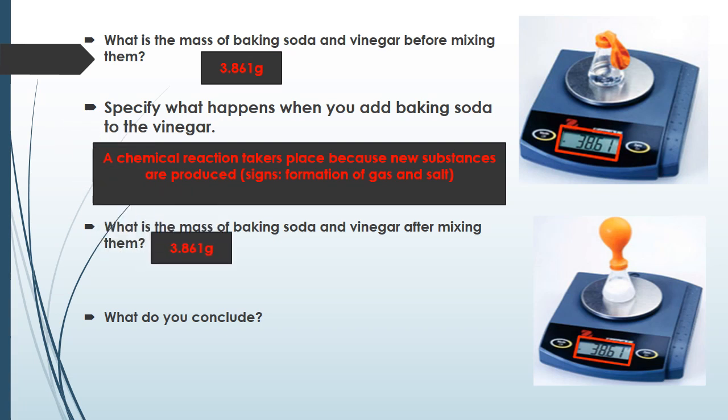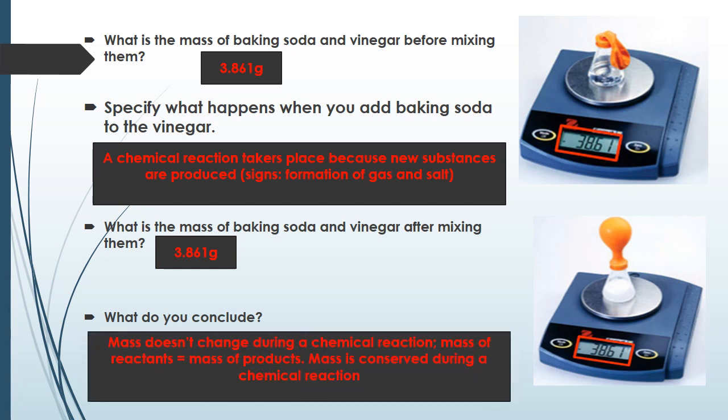So the mass is 3.861 gram, as you see in figure 2. So what do you conclude? Mass doesn't change during a chemical reaction. Mass of reactants equals mass of products. Mass is conserved during a chemical reaction.